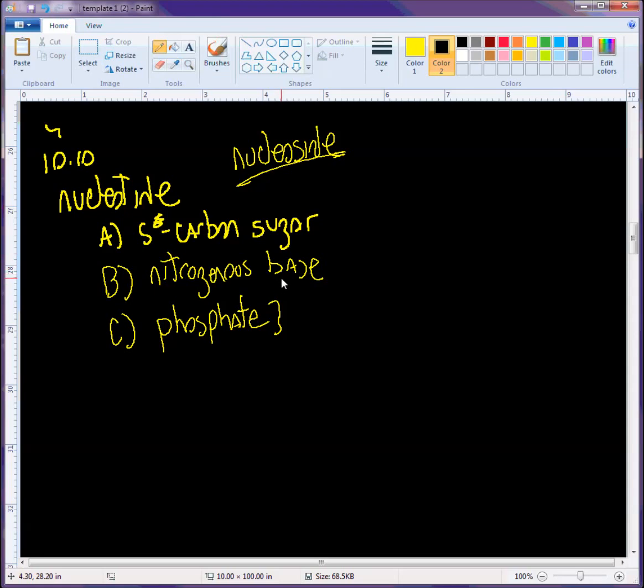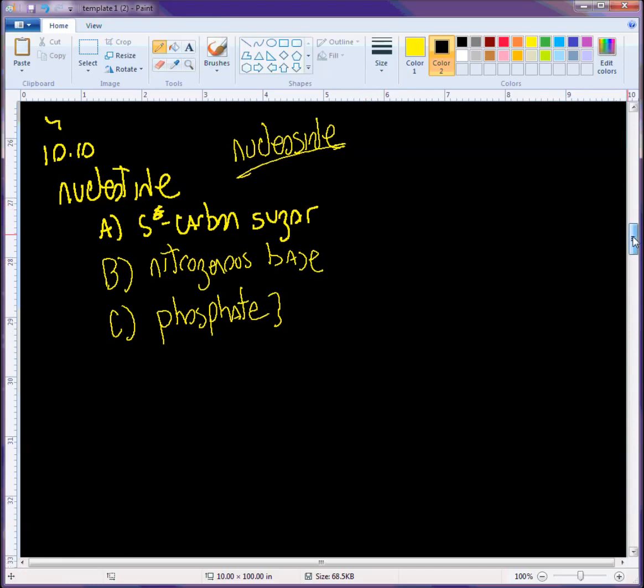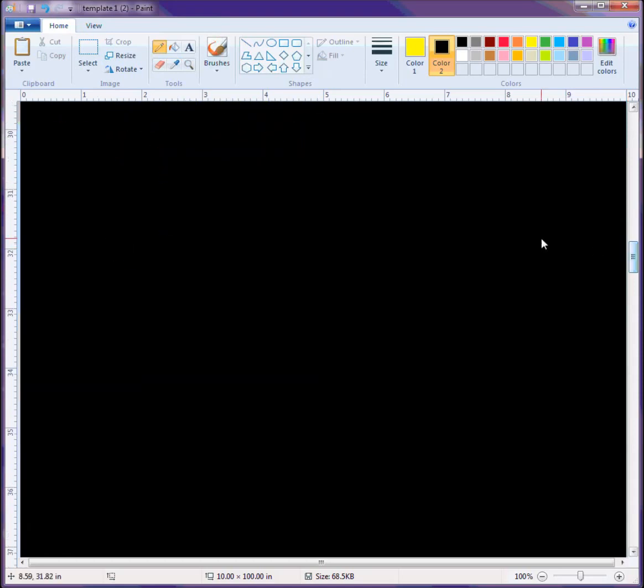So let's look at a deoxyribonucleotide. We'll use the 5-carbon sugar that goes with the DNA, which is deoxyribose. Here's the 5-carbon sugar, and let's just draw the whole thing here.